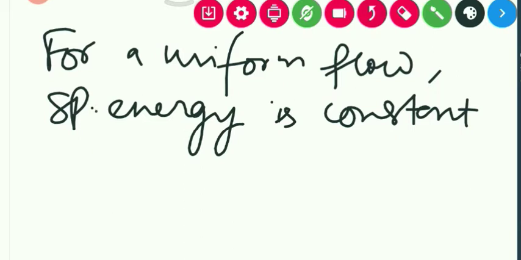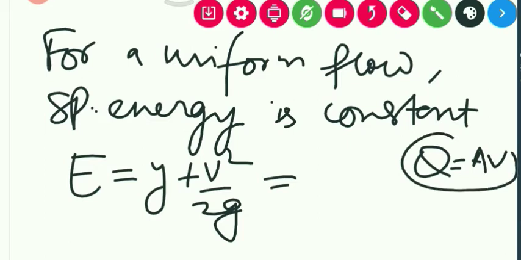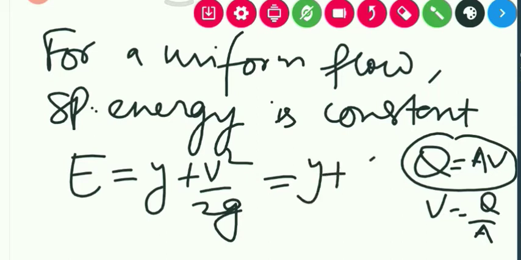The specific energy is E equal to y plus v square by 2g. What is the value of v? We know from the equation of continuity that Q equals area into velocity, so velocity will be discharge upon area. We can write y plus Q square by 2g A square.